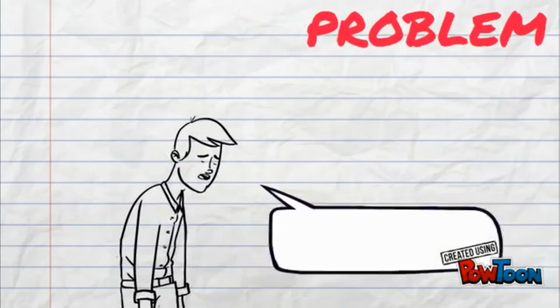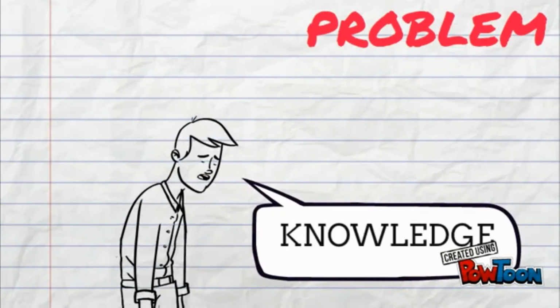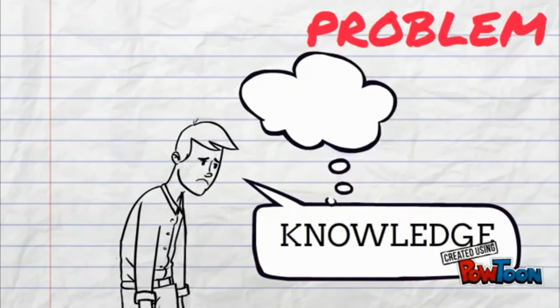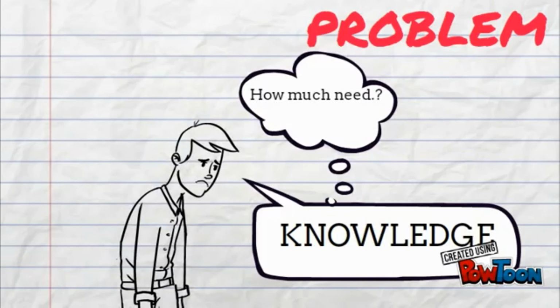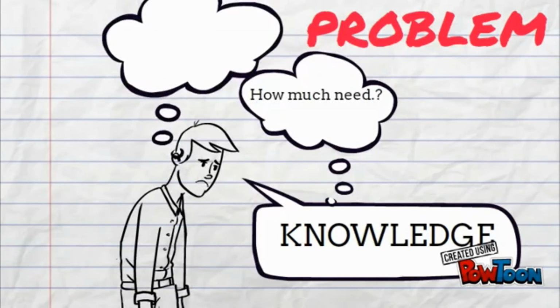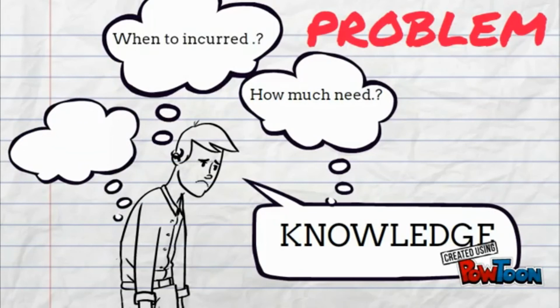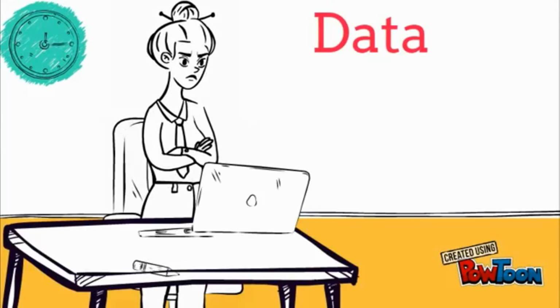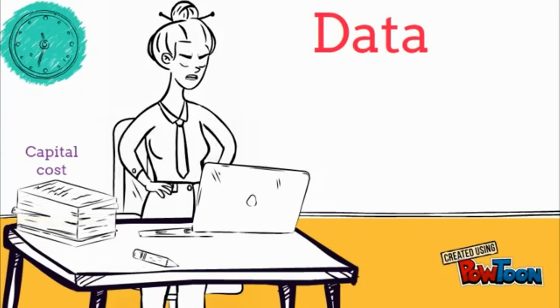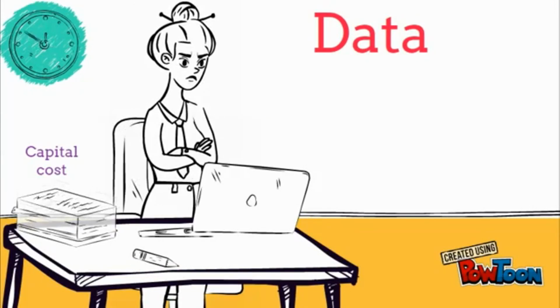Let's move to the challenges of life cycle costing. First is the knowledge problem. This problem occurs when people are not familiar with the design of cost concept. In addition, there is not enough reference, which causes lack of knowledge. Second is the data problem, since this technique depends heavily on data.